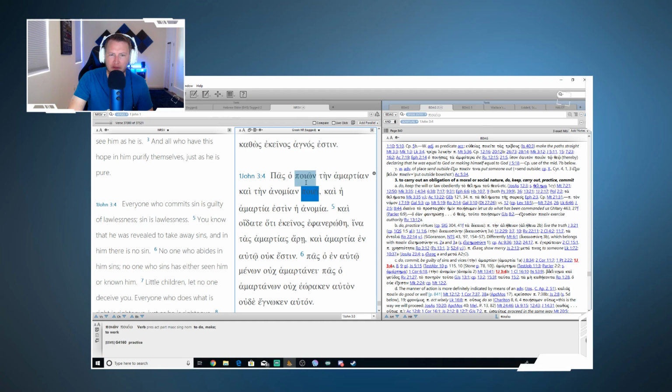Third singular, present active indicative, present active participle. So each one who is guilty of sin? No, that doesn't make sense. Each one who commits sin also commits lawlessness.